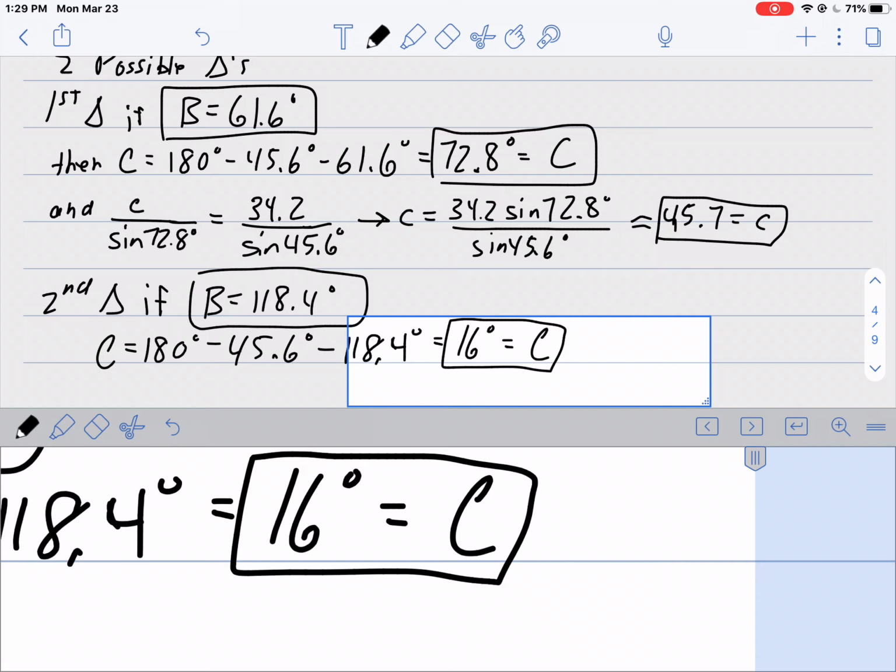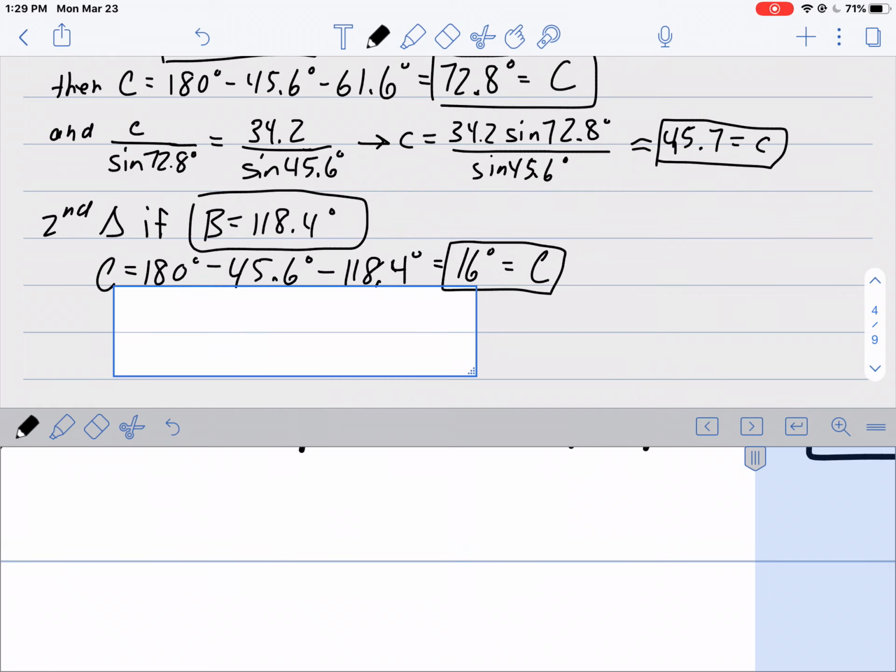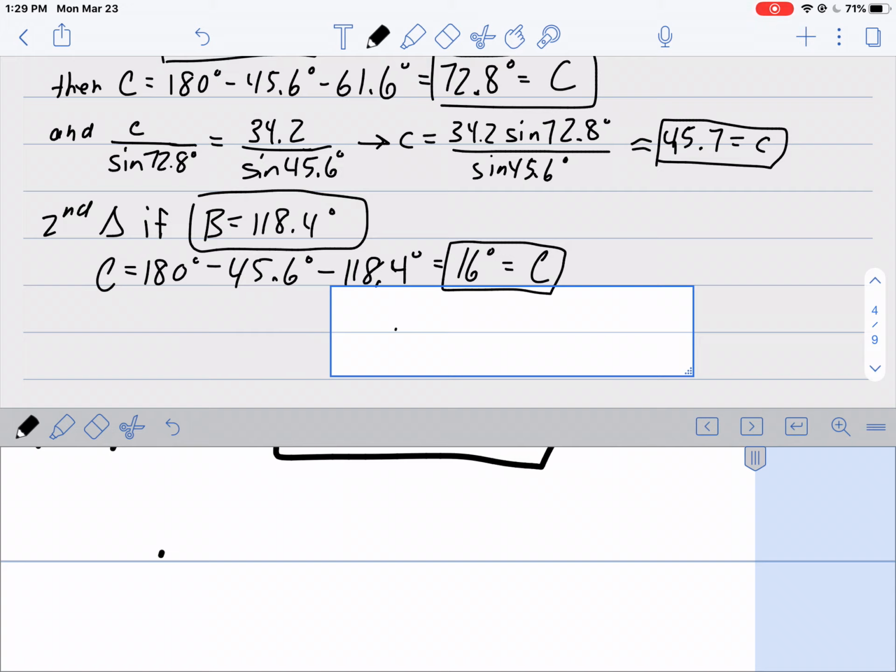And then again, now that we have angle C, we'll find side C. Well, let's just use the same setup we had earlier, because all we did was change the angle C, from 72.8 degrees above to 16 degrees here. So I'm just going to replace that angle in our calculation.